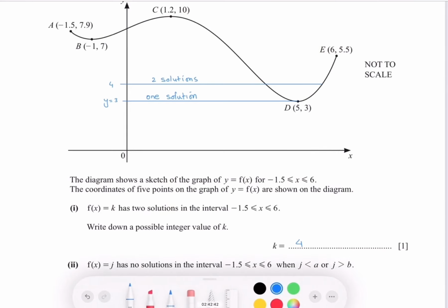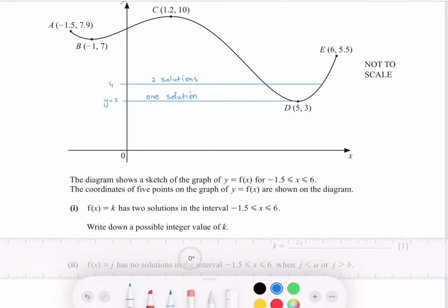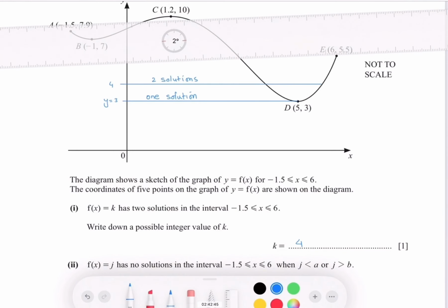There are many possible values, like y is equal to 5 and up to 5.5, but we have to write an integer value, not a decimal value. So the best way is to write y is equal to 4, which means k is equal to 4. Okay, f of x is equal to j has no solution in the interval from negative 1.5 to 6, where j is less than a or j is greater than b.